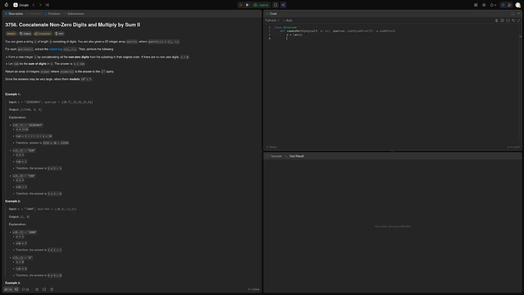And now let's do a prefix sum: for i in range 1 to n plus 1, p[i] equals p[i-1] plus ord, which converts a char into its int code, so technically just int conversion, and we subtract the char of 0.